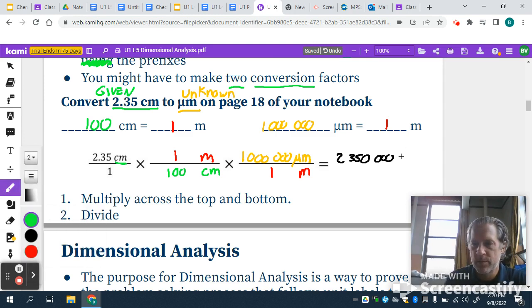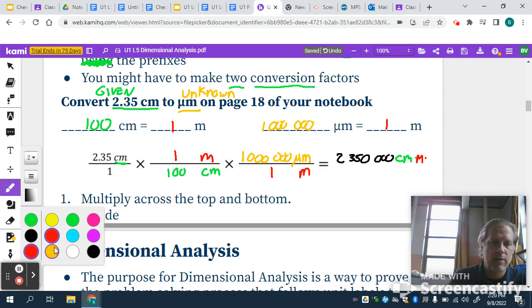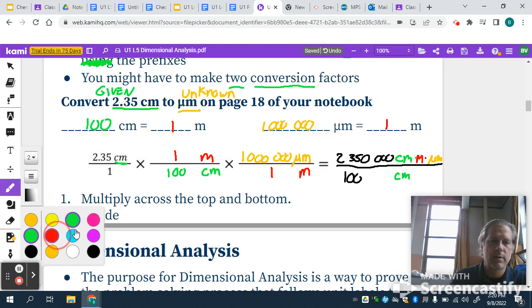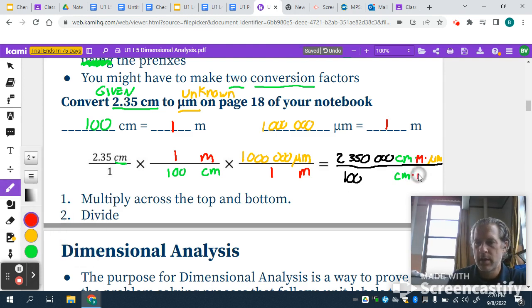In reality, you've got a couple of units you have to deal with: centimeters, meters, and micrometers. That's going to be my top value. When I multiply across the bottom, 1 times 100 times 1 is 100, and the units I bring across are centimeters and meters.